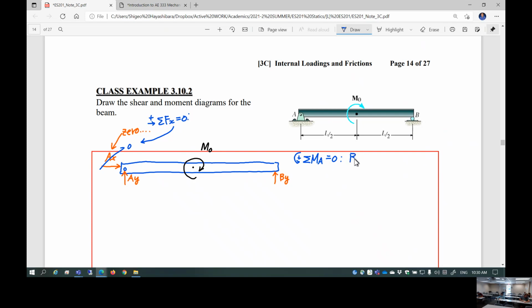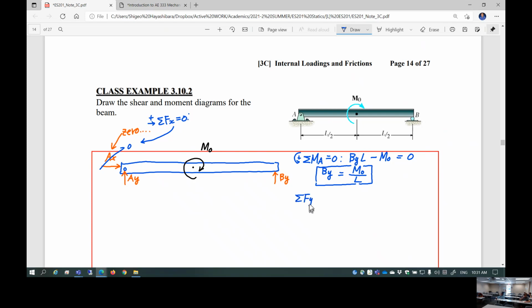This is going to be By times L minus M0 is equal to 0. So By is equal to M0 over L. So this is support reaction By represented by externally applied moment and the length L.